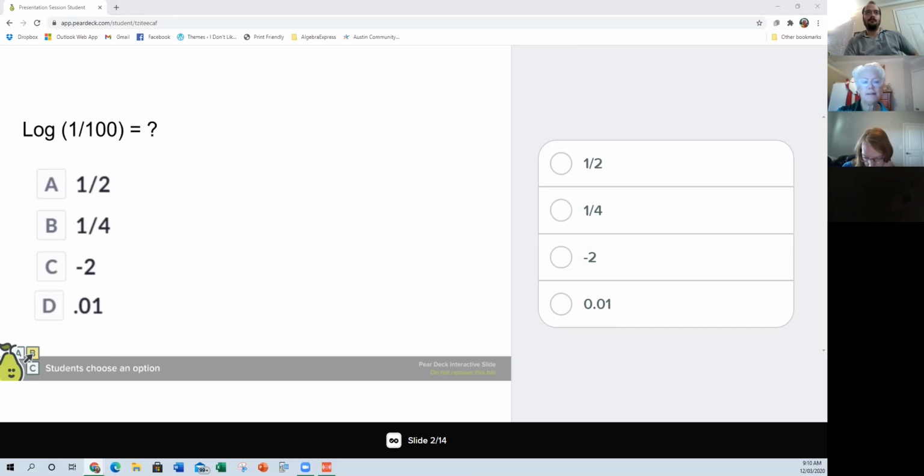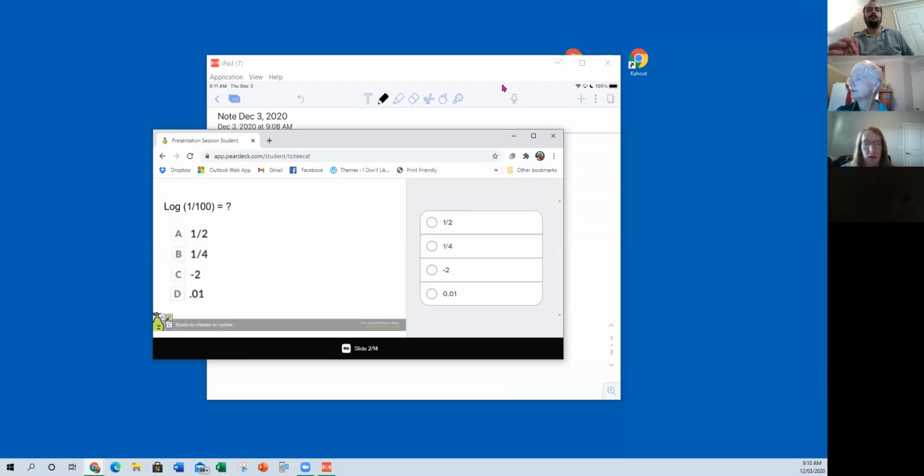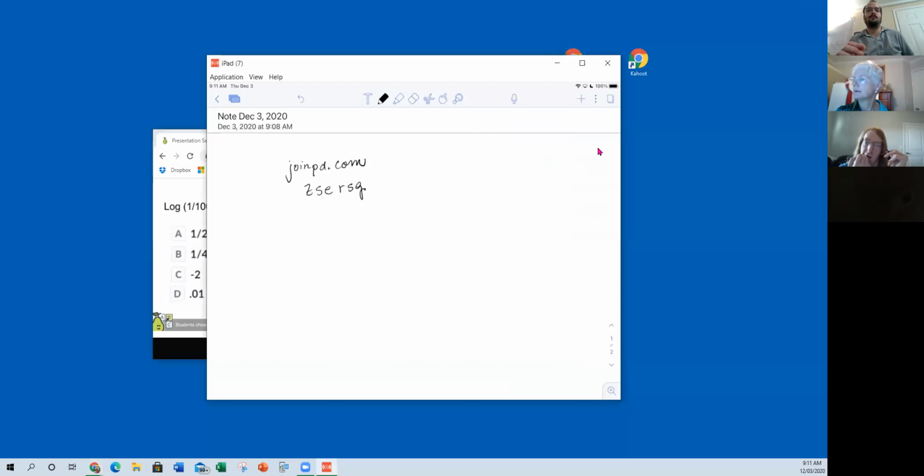So I'm seeing that people are missing this because, let me show you. Log 1 over 100. That's the same thing as log 10 to the negative second, right?